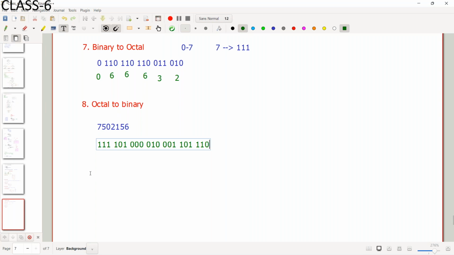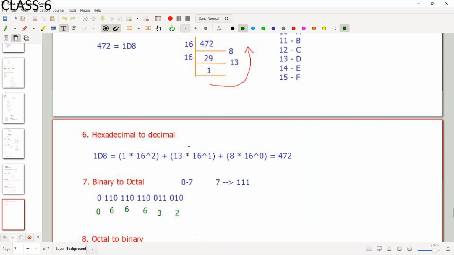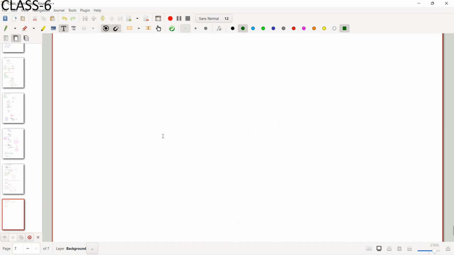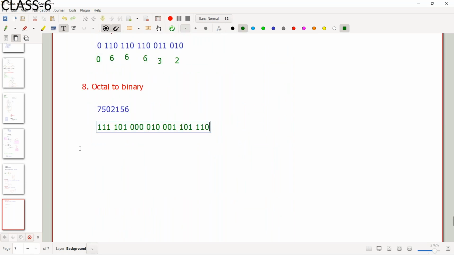So similarly, we have one more set. We have binary to hexadecimal and hexadecimal to binary. We will see these two also. So binary to hexadecimal is also similar to the binary to octal conversion.